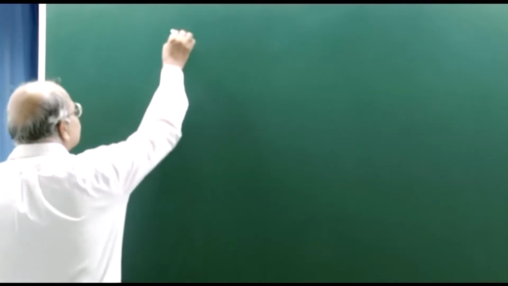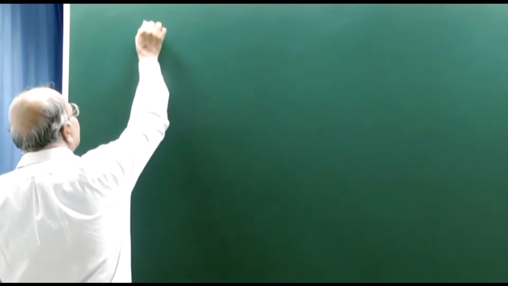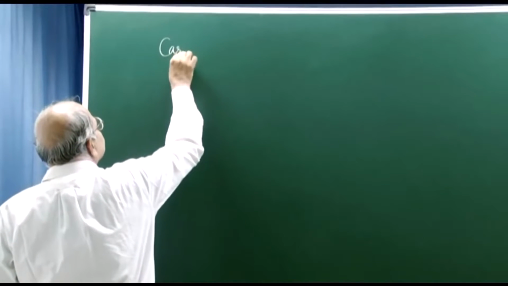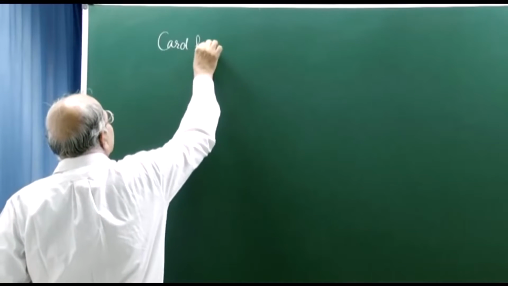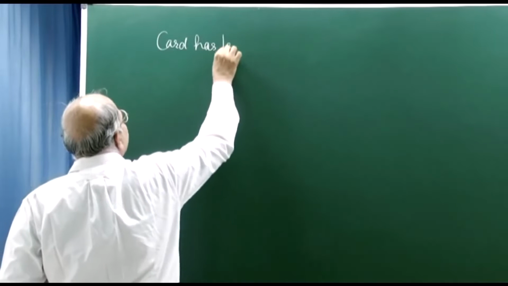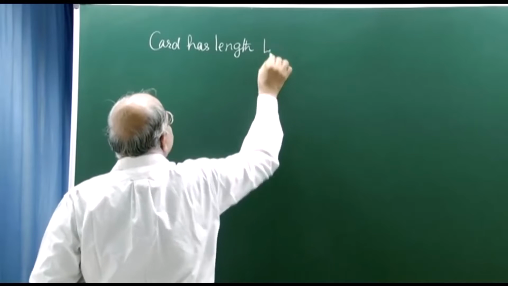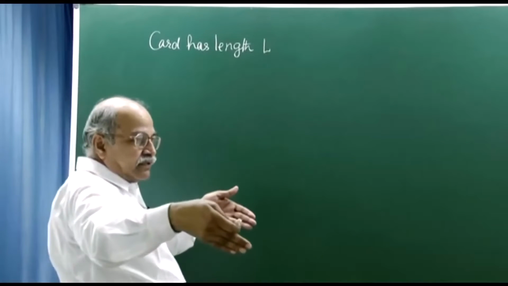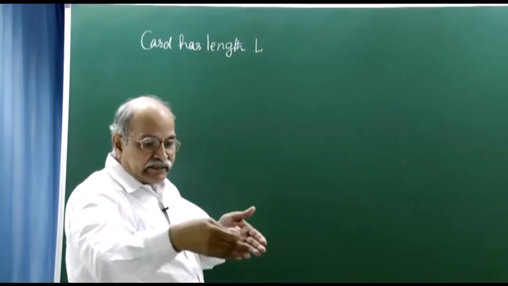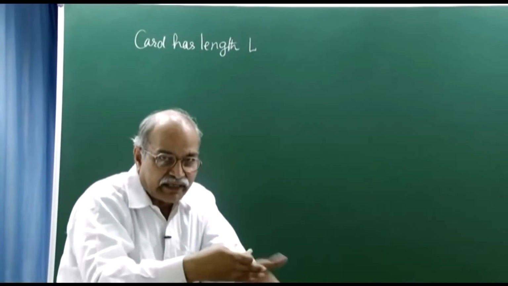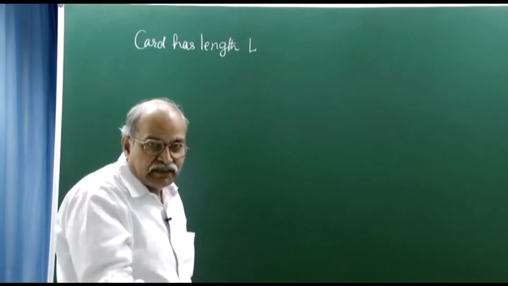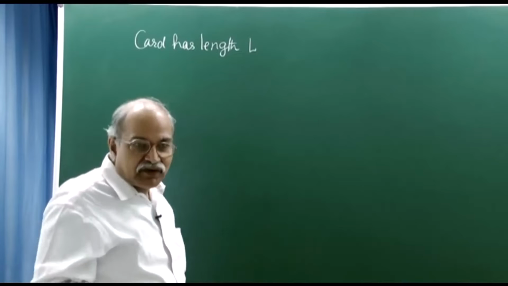So, let us say that our card has length L. Essentially, this is not the full length of the card, it is the length behind this coin, when the coin finds that the card is gone away.